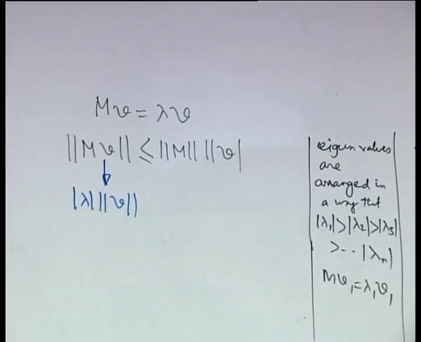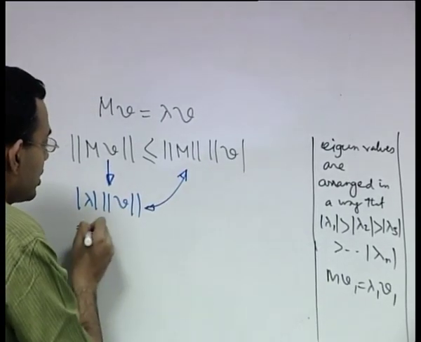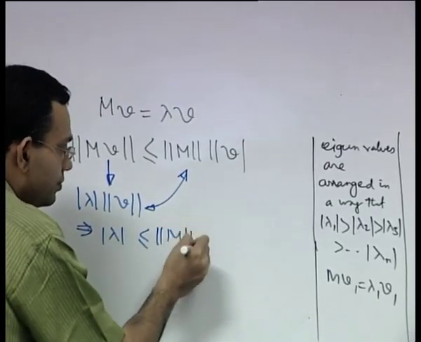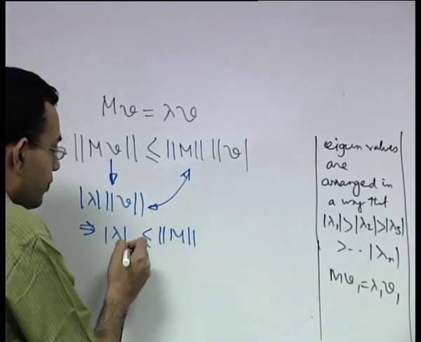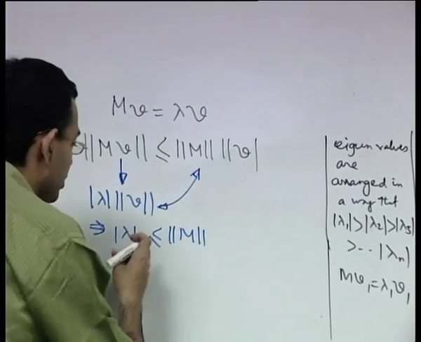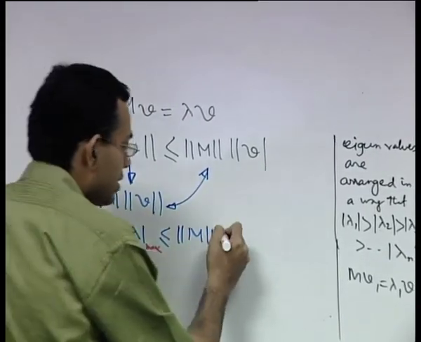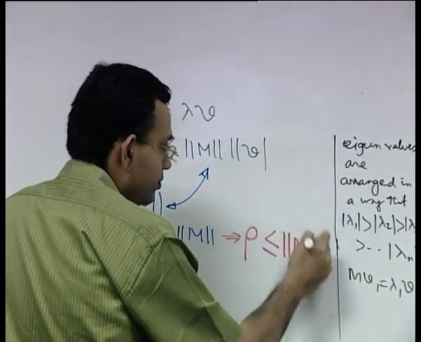Right, and from these two it follows that mod of lambda is less than or equal to norm of M. Since mod of lambda is less than or equal to norm of M, the maximum of mod of lambda is also less than or equal to norm of M, that is, the spectral radius of convergence is less than or equal to norm of M.